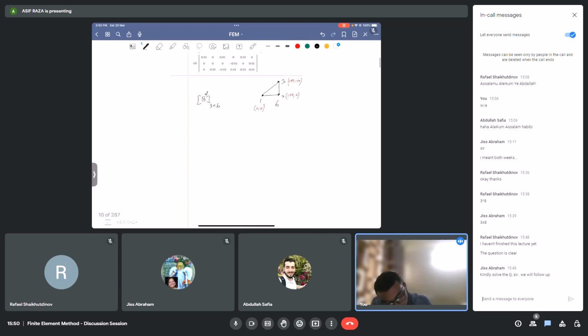Now for a CST element, you can explore the strain displacement matrix.